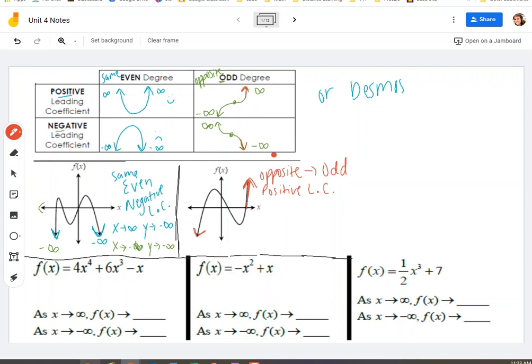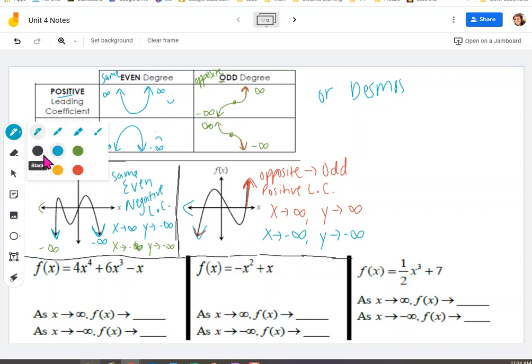So that tells me that my end behavior as x goes to positive infinity, y is also going to positive infinity. And on this direction, as x is going to negative infinity, y is going to negative infinity. So that's if we have pictures.